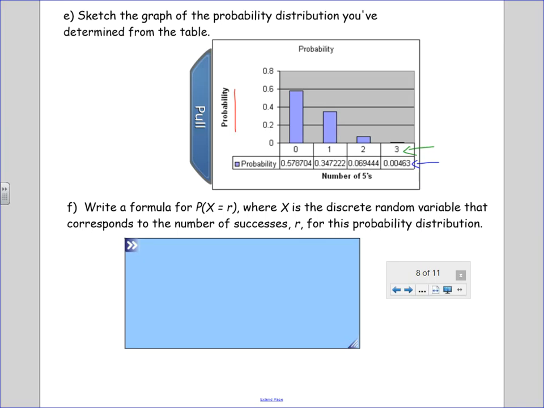So for instance, the most probable scenario that we have, in terms of success, is that of not placing any of the 5s. For no 5s, we have a relative frequency of almost 0.6.